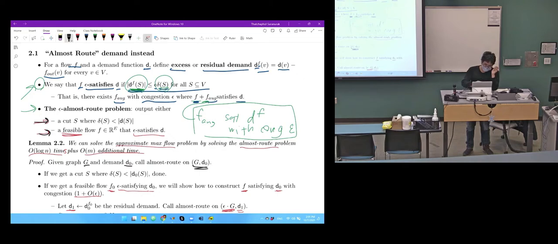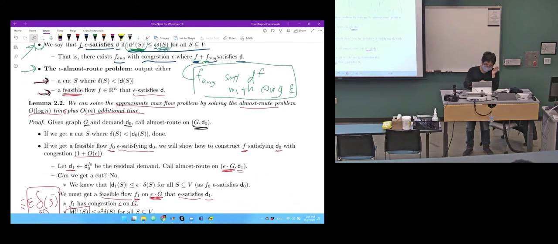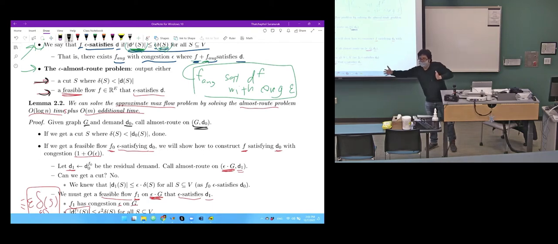What we do is call this subroutine the first time, and if we get a cut, we are done. If we don't get a cut, we design log n many instances of the problem such that every time we call it from now on, you know you get a flow for sure. You can combine these flows so that at the end it satisfies the original demand in a very accurate way. So F1 plus F2 up until FL plus F final equals the augmenting flow, is that correct?